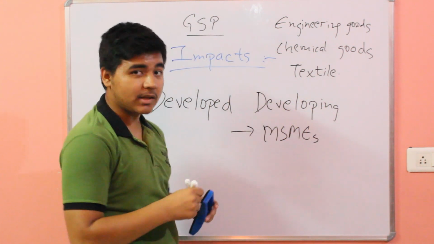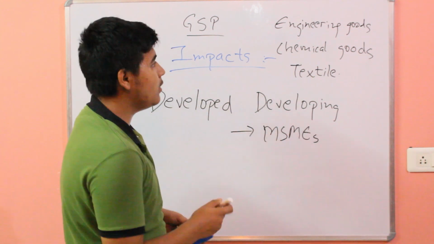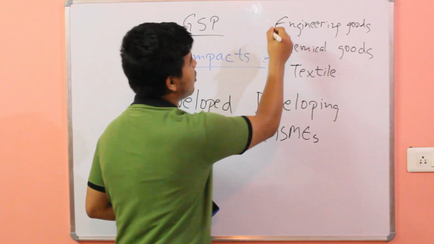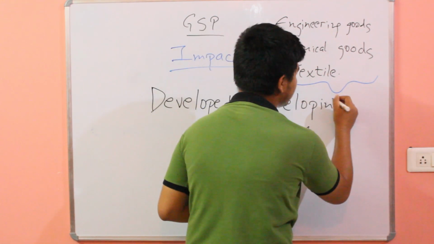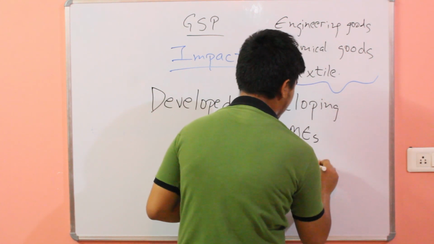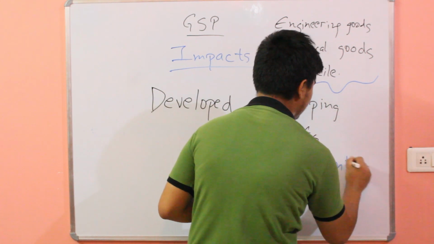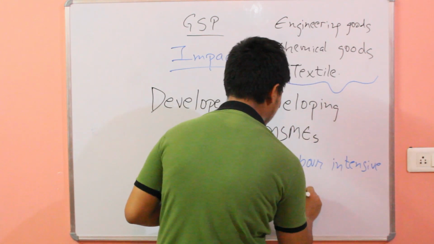These are basically the three major exports from India to the USA. One thing is common in all three sectors: they are all labor-intensive industries.